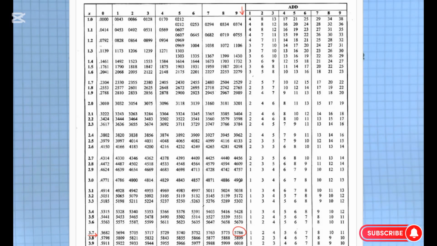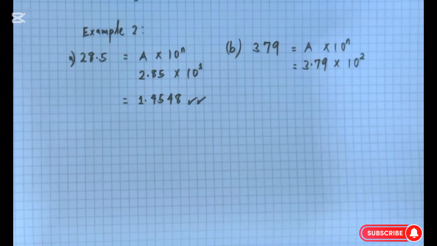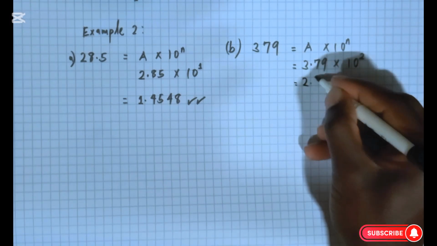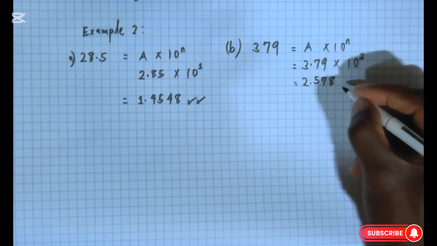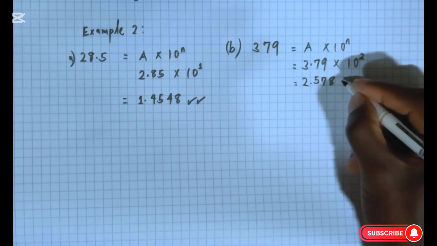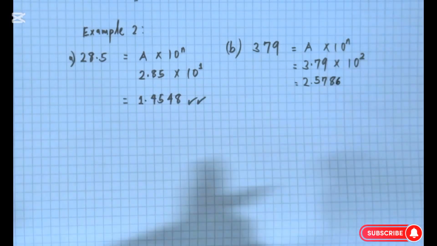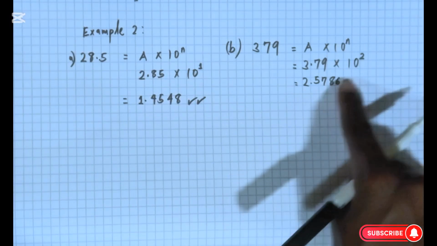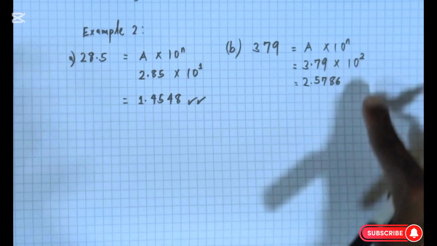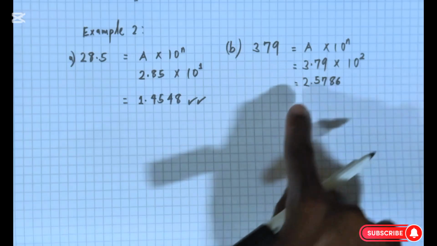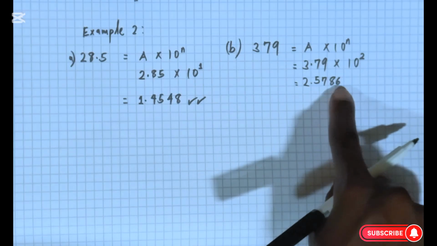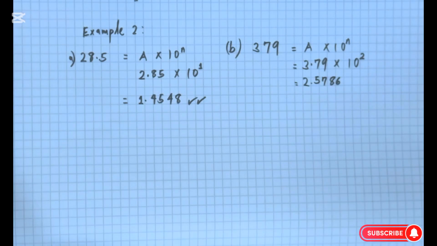So our logarithm is going to be 2.5786. Of course, the 5786 comes from the log table, and 2 comes from the power of 10 right here. This basically means that if we were to raise 10 to 2.5786, we'll get 379.